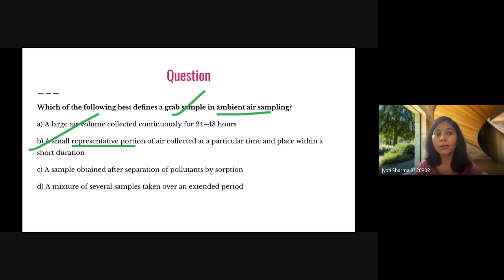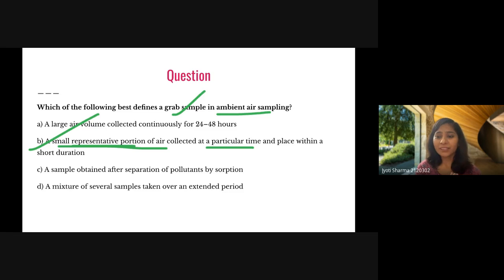So this is nothing but sampling, but this sample should be the representation of these 1 lakh people, right? So this is the small representative portion of air that we have to collect at a particular time or place within a short duration. This is something we call grab sampling.